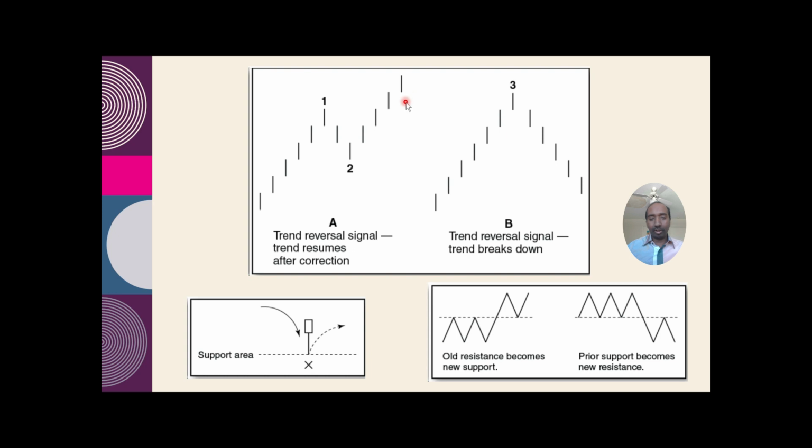In support and resistance, for example, at number 2, if we get a candle like this, we can identify it as a support. When we enter a trade, our risk is at the support area. Our stop loss is at the support area and our target can be above this high price.